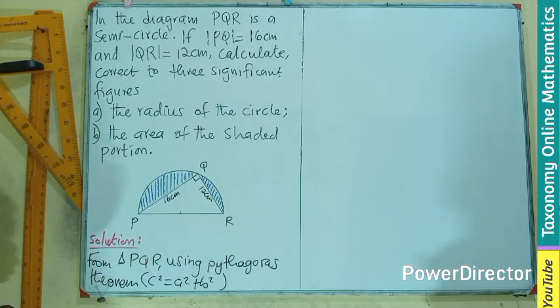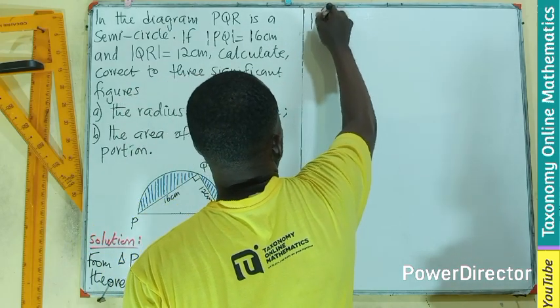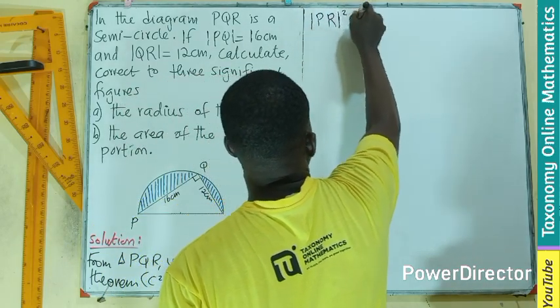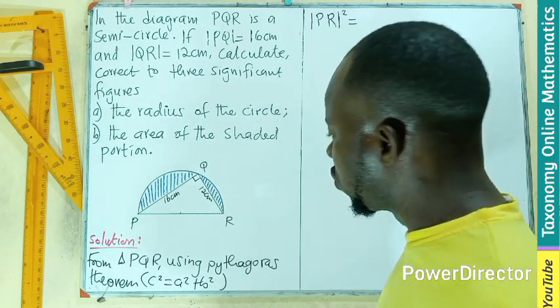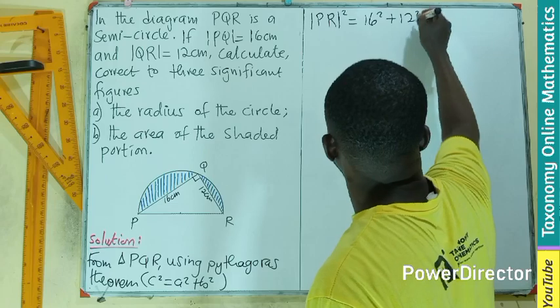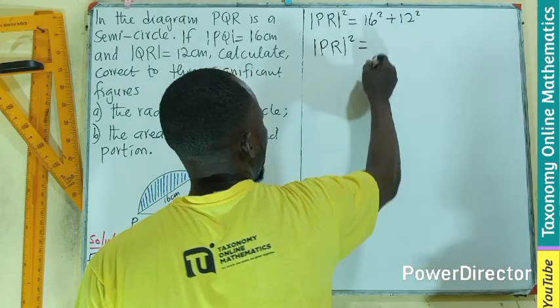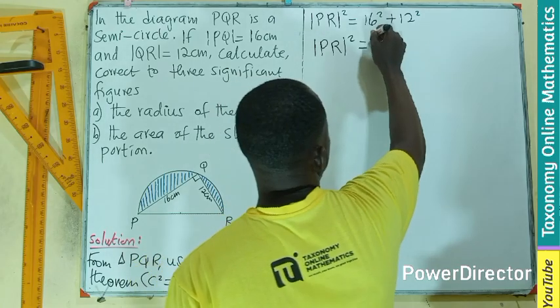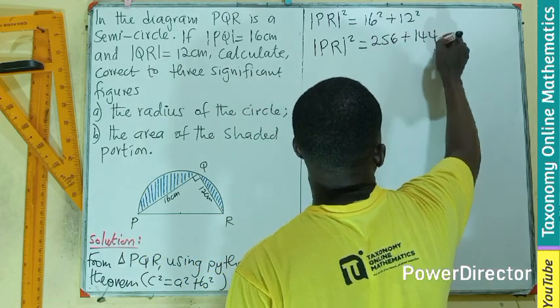Using the Pythagoras theorem, the longest side is the PR. So we have PR squared equals the sum of the squares of the other two sides, which will be 16 squared plus 12 squared. So let's maintain our PR squared. 16 squared will give us 256 and 144.